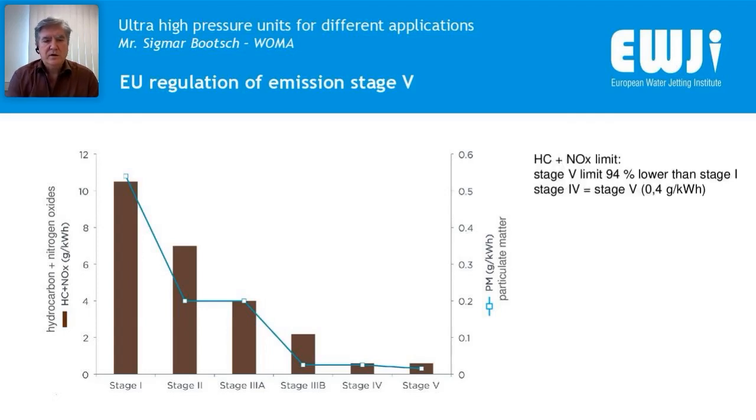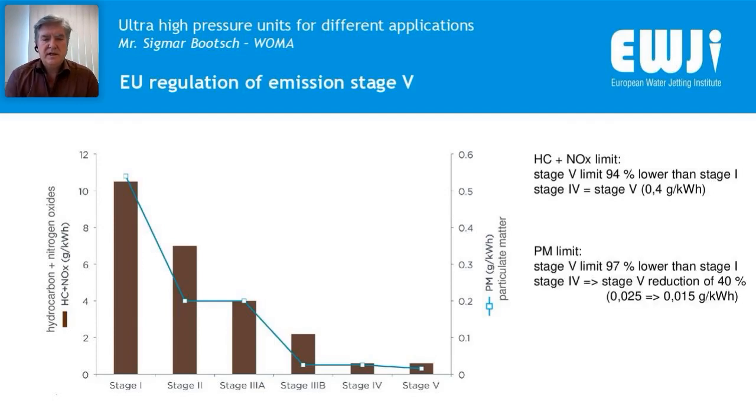The limit of hydrocarbon and NOx in stage 5 is about 94% lower in comparison to stage 1. The limit in stage 5 is identical to the limit in stage 4.